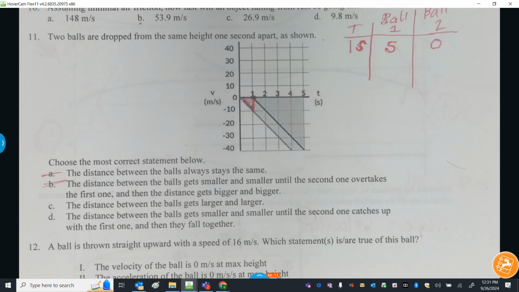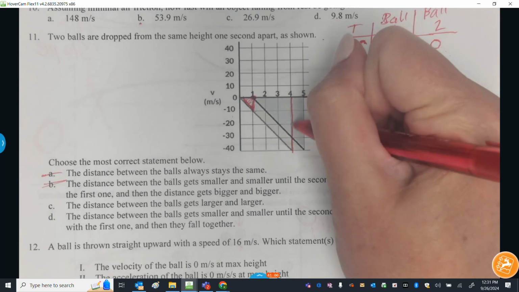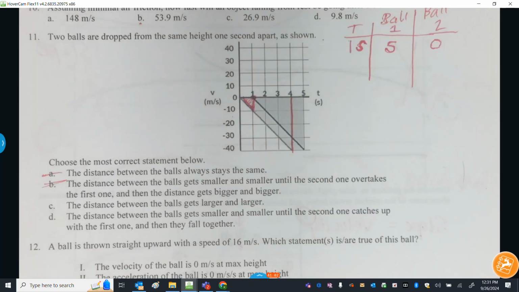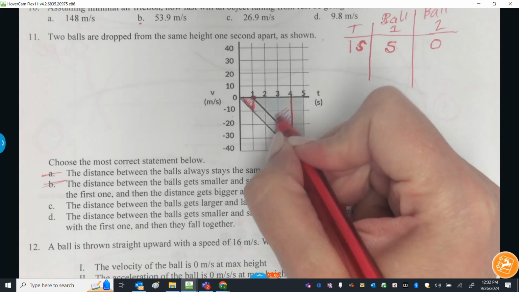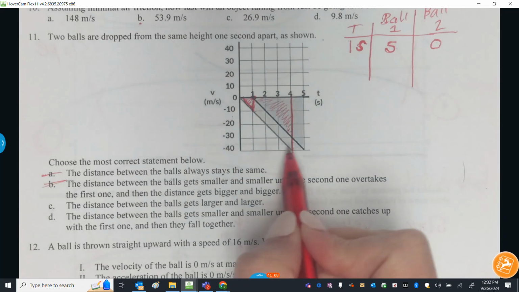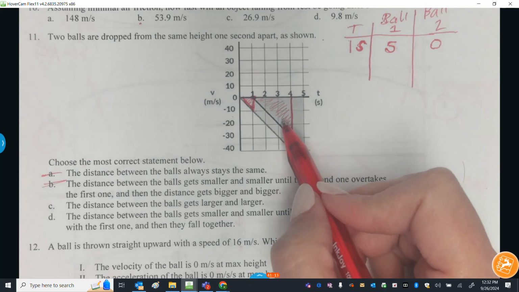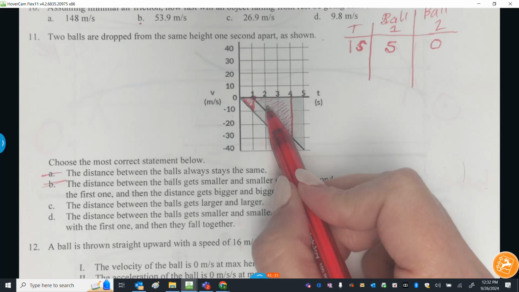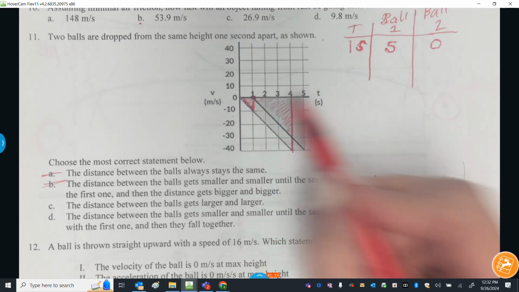Let's see how far apart they are at any other time on the graph. Pick a different time. Do the same thing. Let's do 4 seconds, although you could pick any time. But let's see how far apart they are here. I'm going to find the area of both of these separate triangles. I have a triangle here, and then I have a bigger one that goes down here. Let's go ahead and find the area of this one first. This is ball 2. It's the one that was dropped second. Area of a triangle is 1/2 base times height.